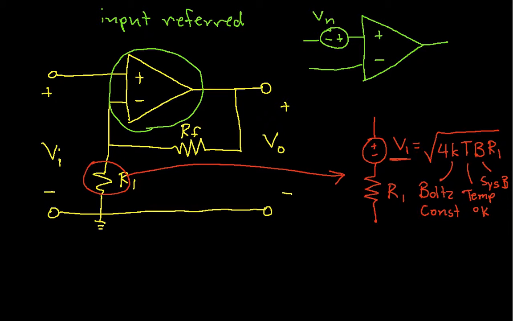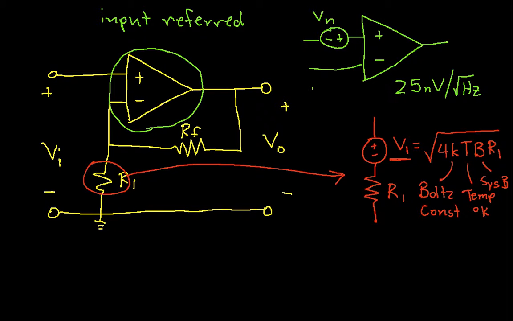It has the advantage that quite often the noise value for the op-amp is given in a spec sheet. You'll quite often see it be something like, say, 25 nanovolts per square root hertz. Again, this is something given in a spec sheet.